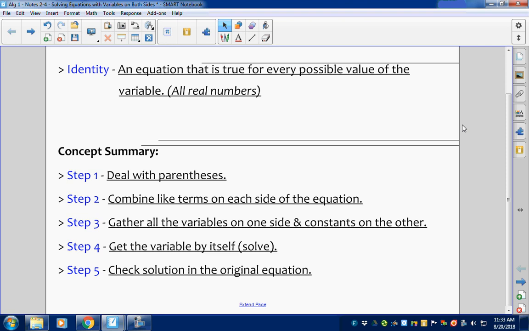So check. That's the 5-step process for solving an equation. That's our goal, that you can solve a multi-step equation with parentheses in it, variables on both sides. It kind of looks like the last problem in that diagnostic we did a second ago. That's the goal for this whole unit.